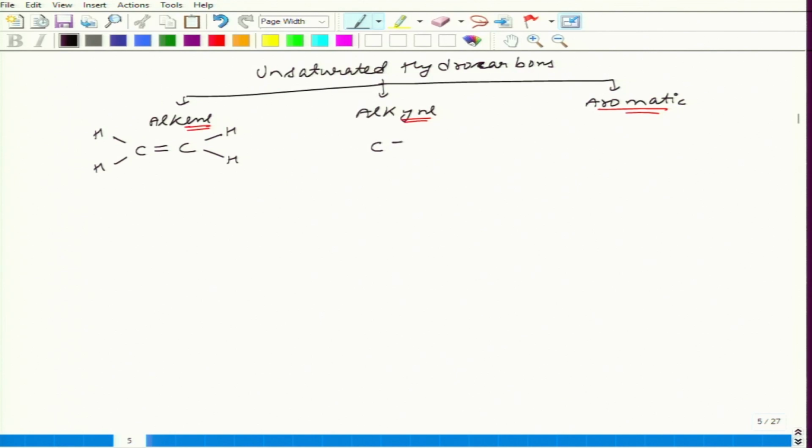Alkyne means there is a C triple bond C, meaning 3 bonds with the other carbon, and there is one valency remaining that is satisfied with a hydrogen atom. Aromatic hydrocarbons are a special class of hydrocarbons.